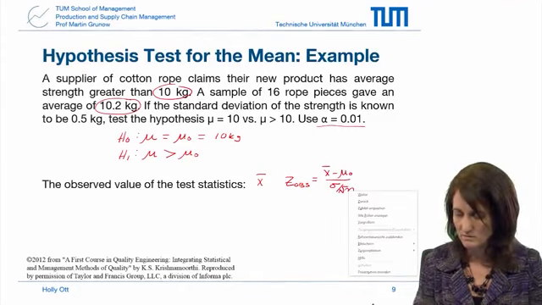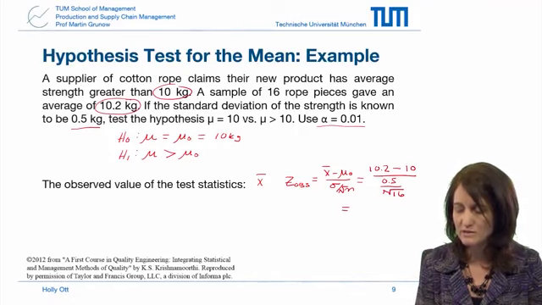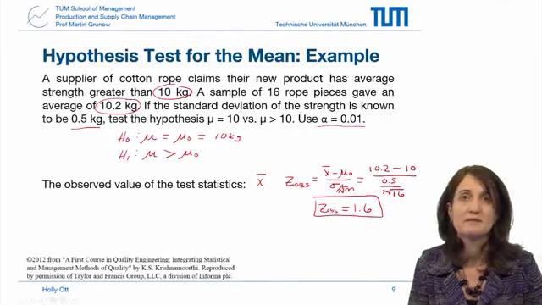We get here then 10.2, x bar, minus 10, that's mu 0, over the known sigma, which is 0.5 kilograms, divided by the square root of 16. If you do this, you get 1.6. Z obs equals 1.6.